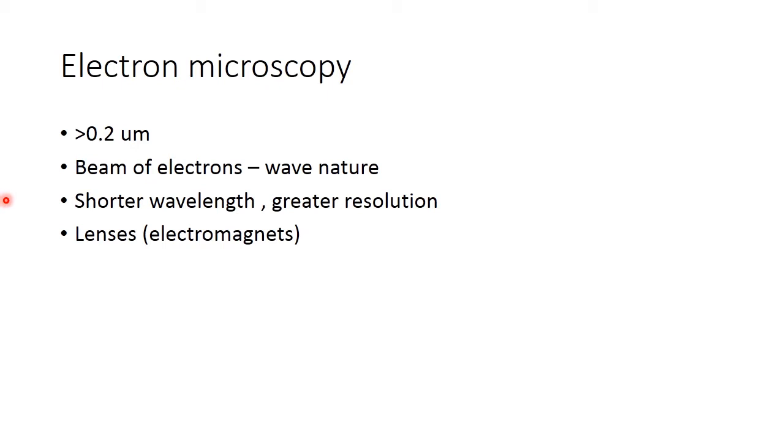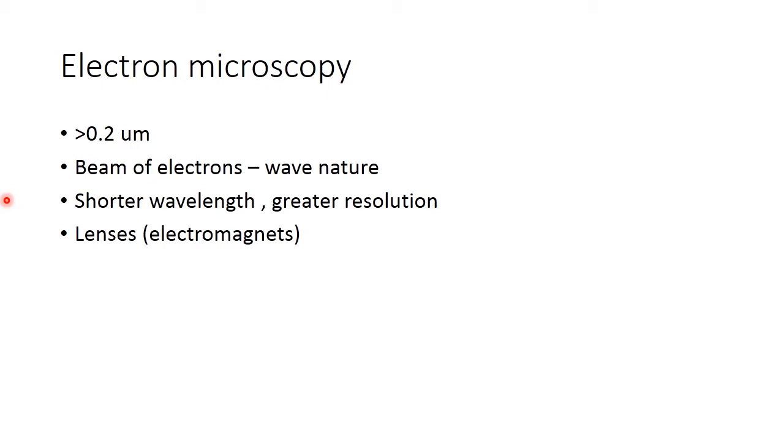In case of other microscopes which are based upon light, the lenses are made up of glass and they are optical lenses. So they converge the beam of light and help in producing magnification. In case of electron microscopy, the lenses are not made up of glass. Electrons are charged particles and hence they are affected by an electric field.